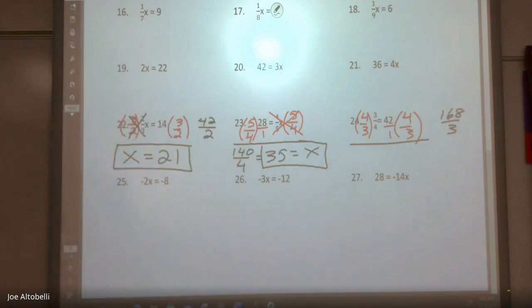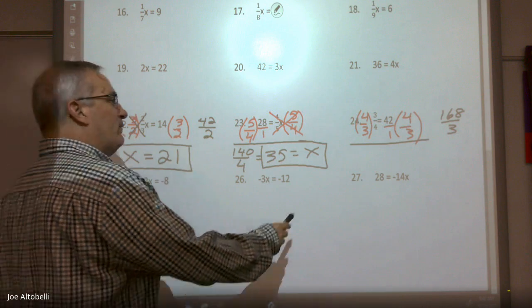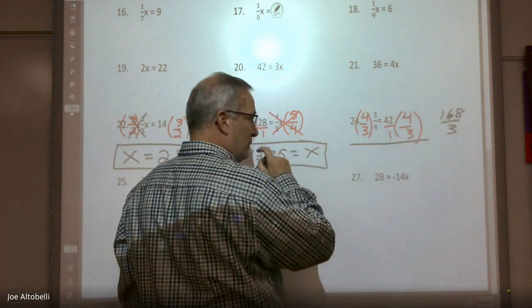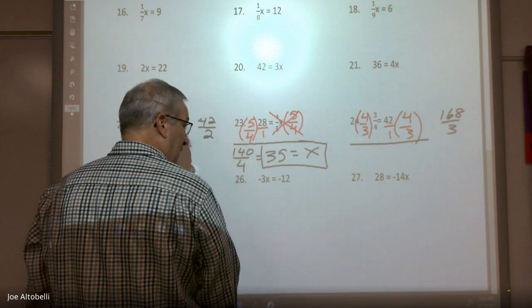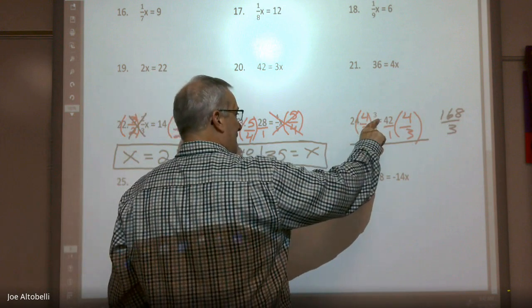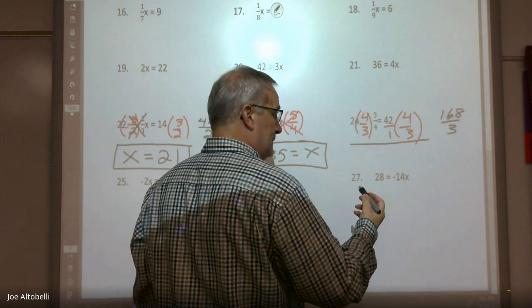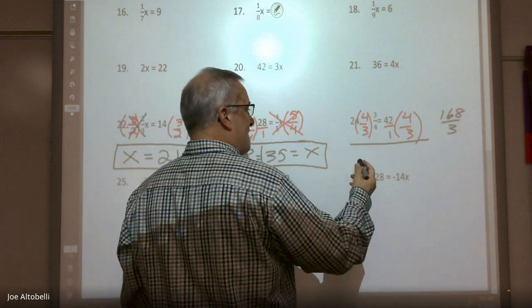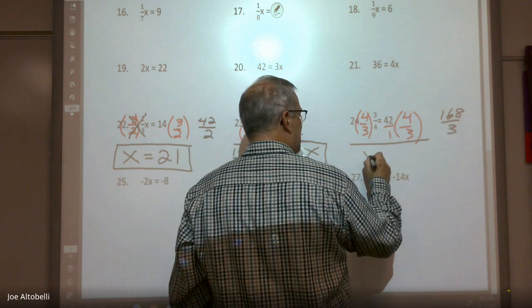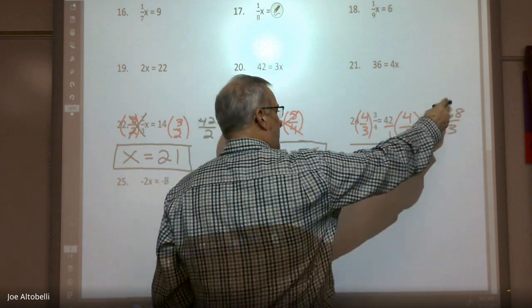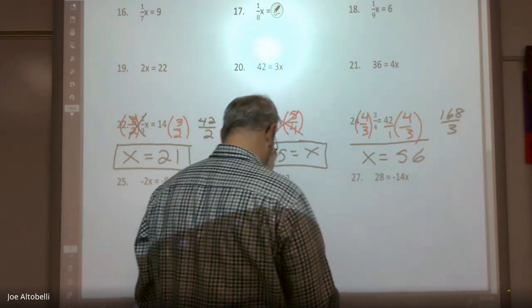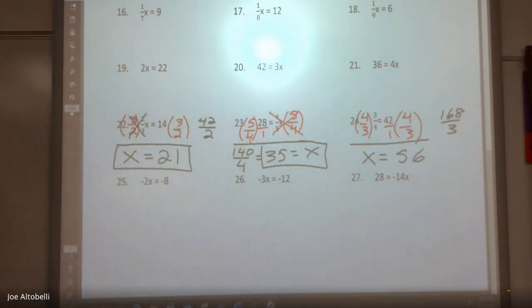What did I forget? I forgot my variable. This should be 3/4 x equals 42. Sorry, typo. And then we get 56. So x equals 56. Did I miss my x's on the other ones? I don't see any.